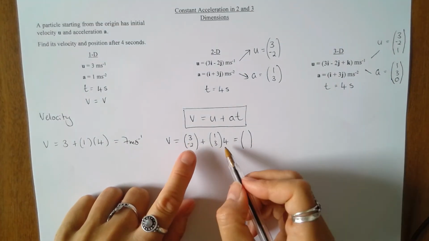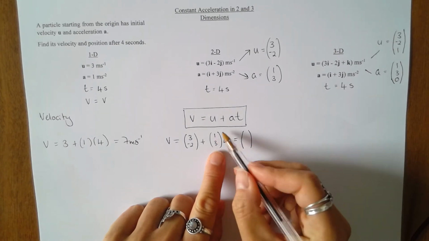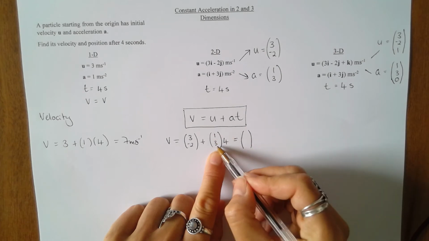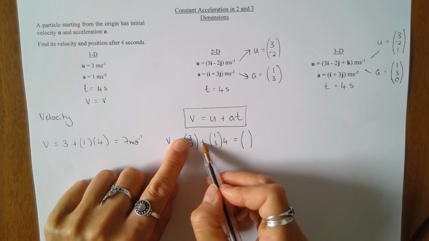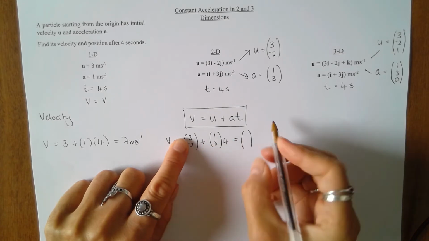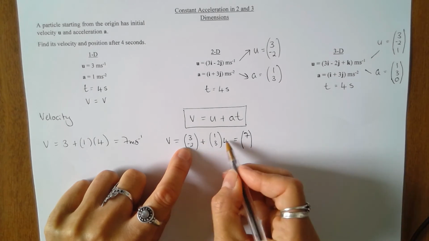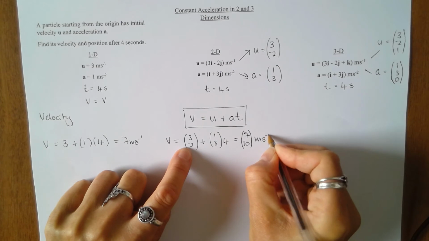So I just treat each row separately, remembering that if I multiply a vector by a scalar, just multiply each row by that scalar, so 4 and 12. So treating each row separately, 3 plus 4 is 7. And negative 2 plus 12 is 10. So 10 meters per second.